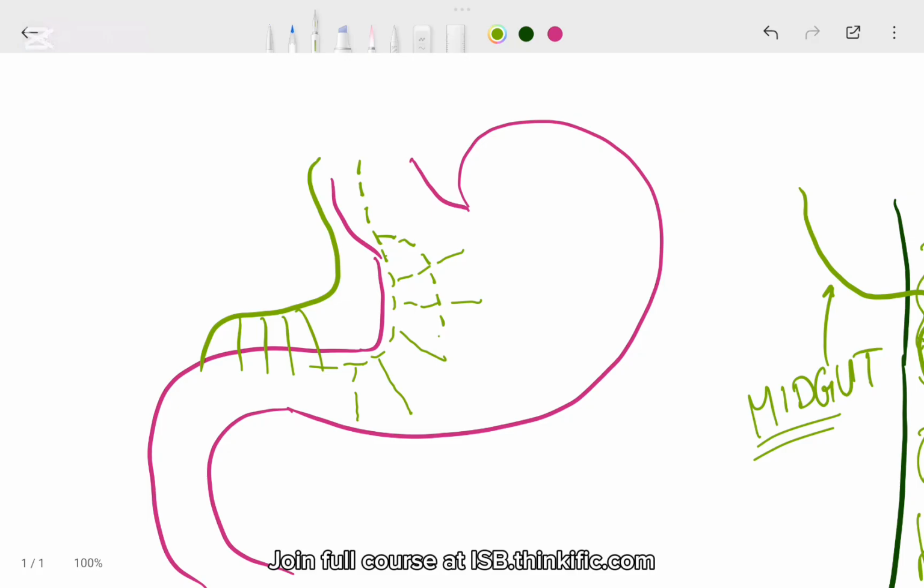So it means it's the nerve of rest and digest. It stimulates the digestion process. Unlike the sympathetic innervation, that was provided from the splanchnic nerves, that we said just inhibits the motility, inhibits gastric emptying, inhibits acid secretion, right?